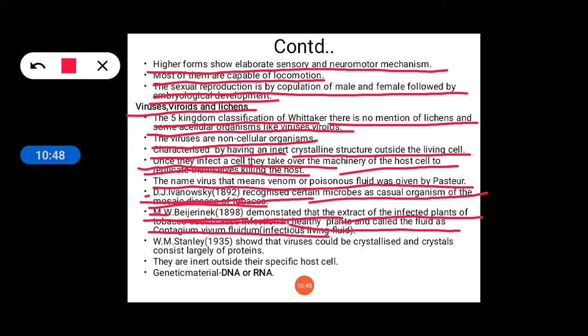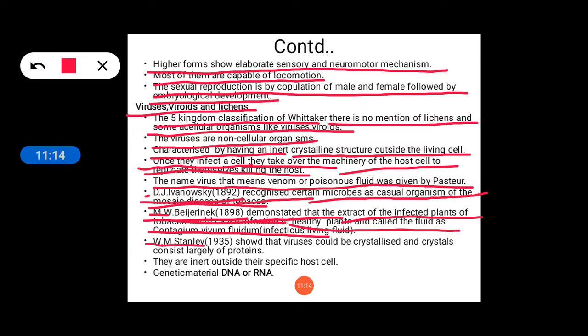He injected that infected fluid into a healthy plant, and it also harmed the healthy plants. He called it contagium vivum fluidum, also known as infectious living fluid.